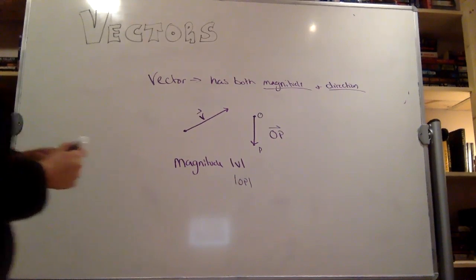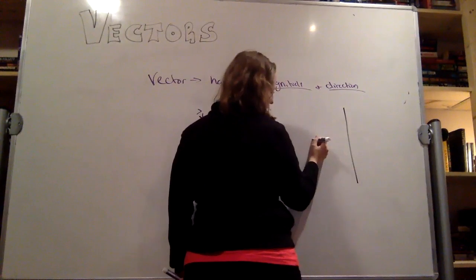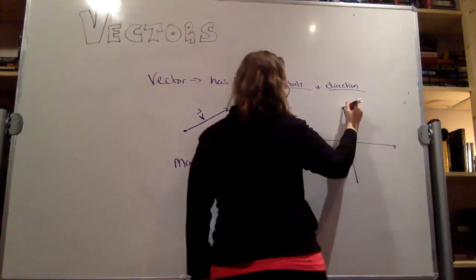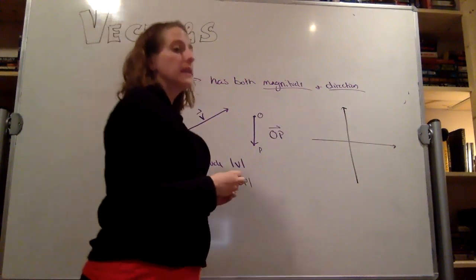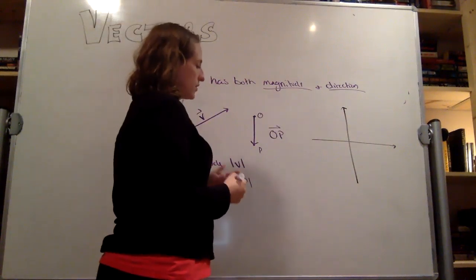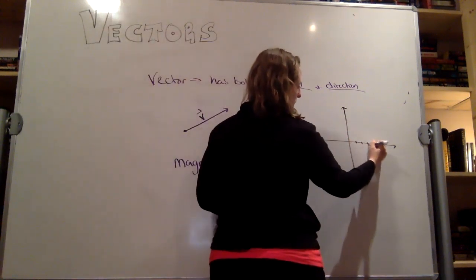It's often useful for us to think about representing vectors on a Cartesian coordinate system, because it makes it a little bit easier for me to think about their magnitude and their direction. Okay, so let me put some points on here.